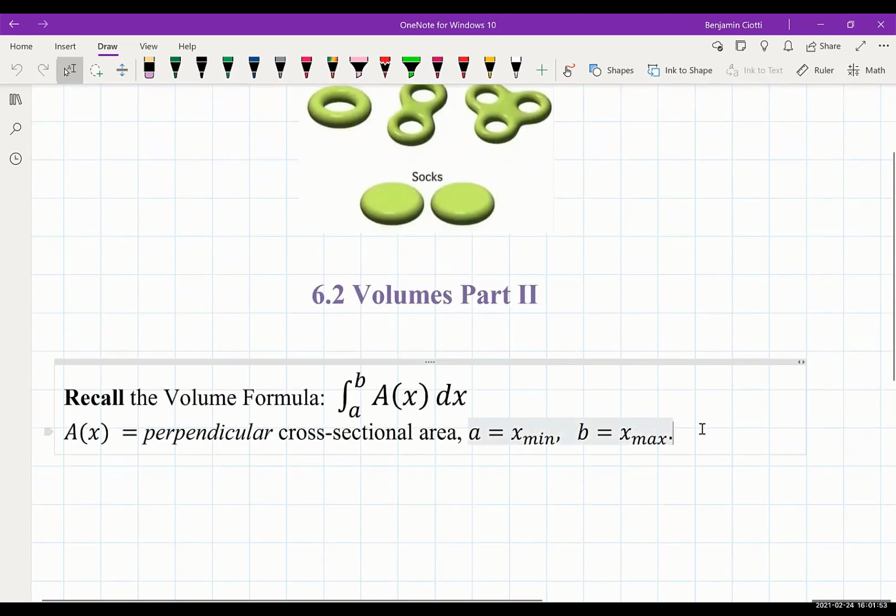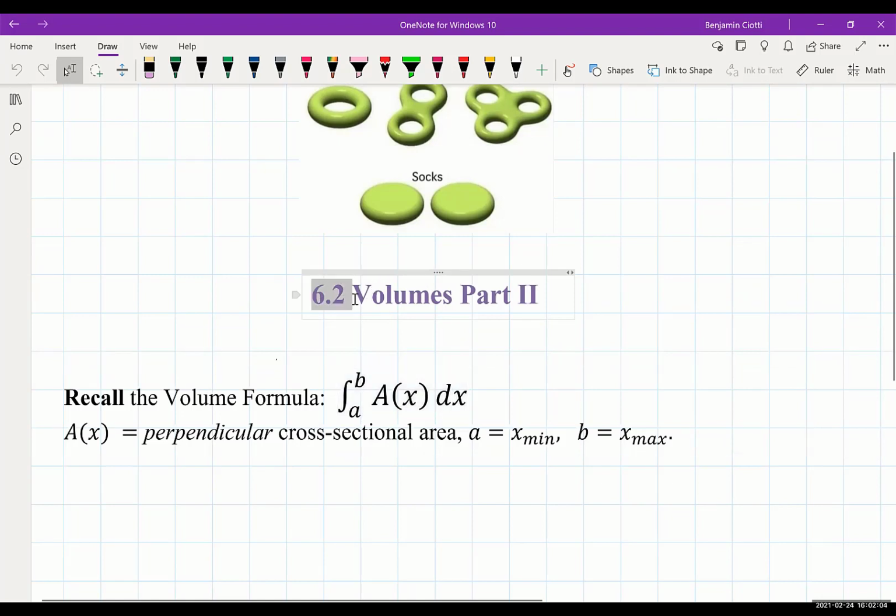Okay, so I'm going to start off by reminding you what we did last time, which was we started talking about volumes. This is part 2 of section 6.2 on volumes.